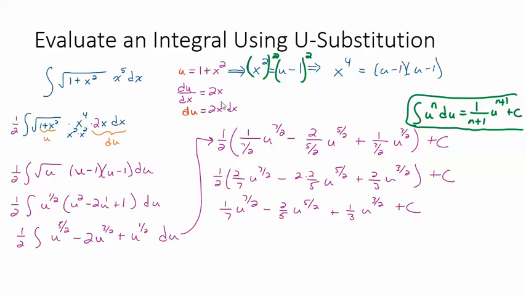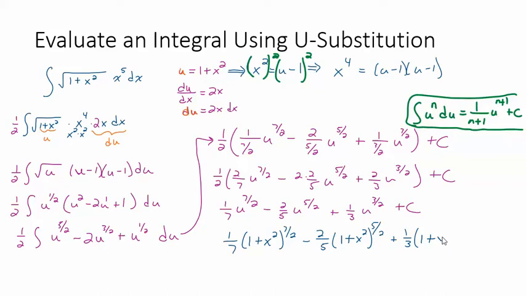So we're just going to substitute 1 plus x squared back in for u. So 1 plus x squared to the 7/2 minus 2/5 1 plus x squared to the 5/2. We're almost done here.